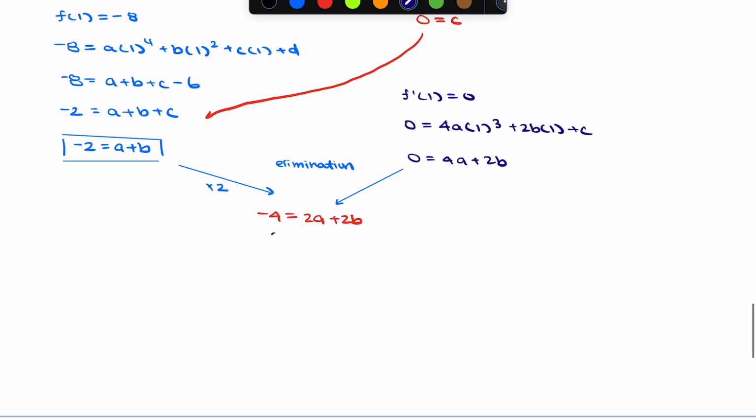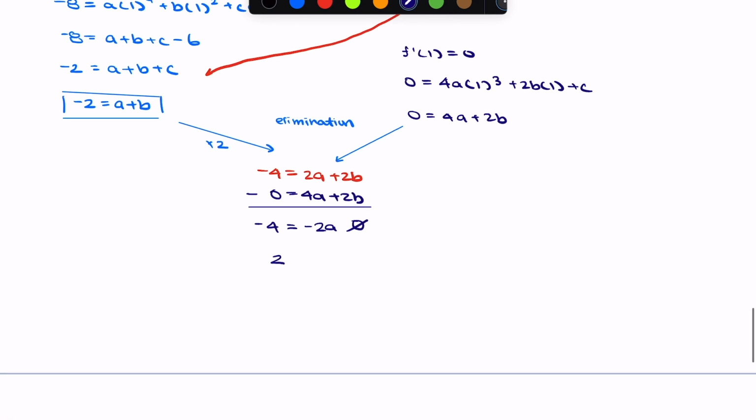And on the other side, we have 0 = 4a + 2b. And we'll subtract those. So here we'll get -4 minus 0, which is still -4, 2a minus 4a, -2a, and then the two b's cancel out. So here we get 2 is equal to a.